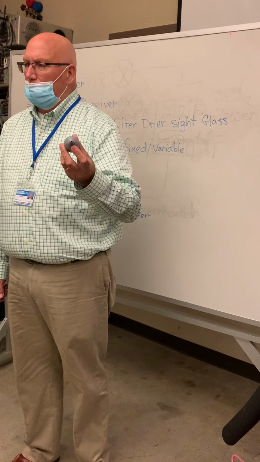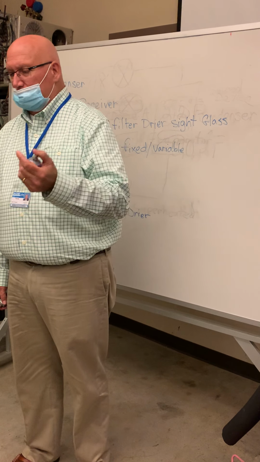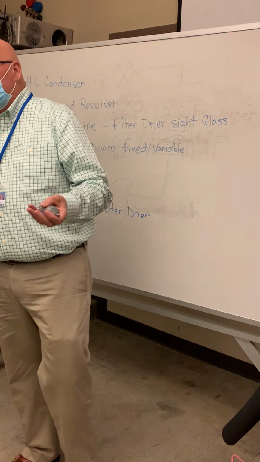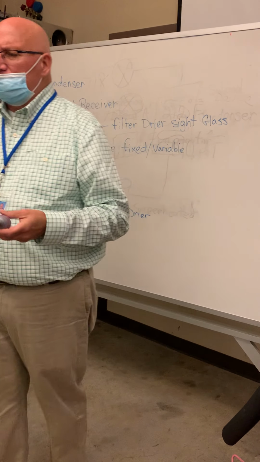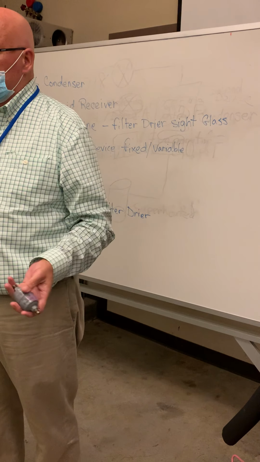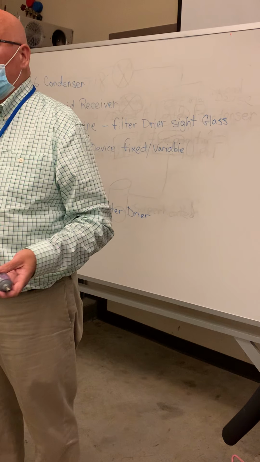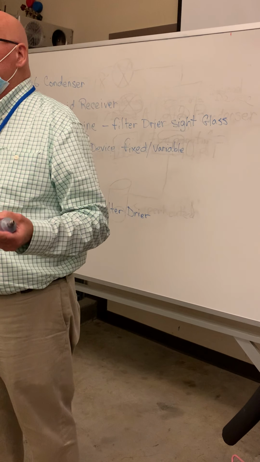A filter dryer does what its name implies. First, filter. What does it filter? It filters any kind of fragments that are floating in the refrigerant system. It captures those. Well, what could they be? They could be from a couple of sources.